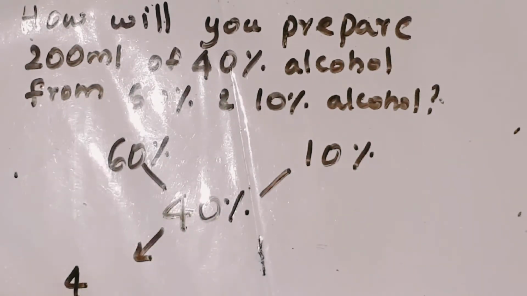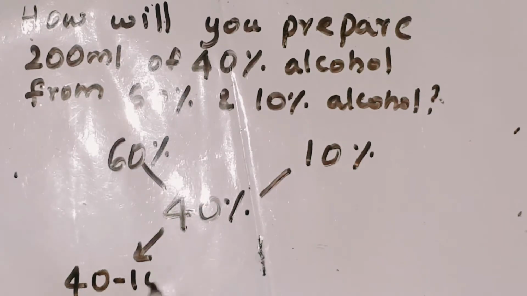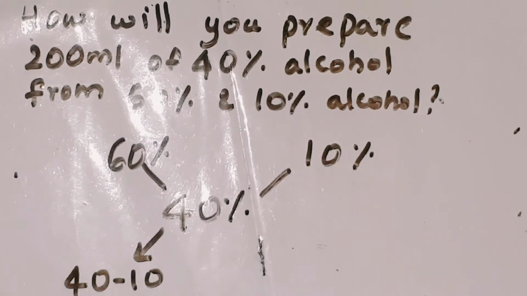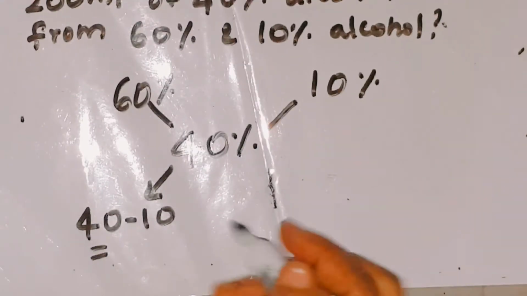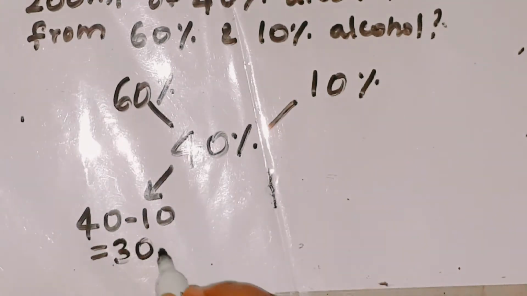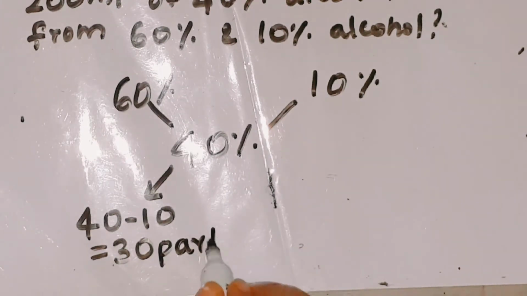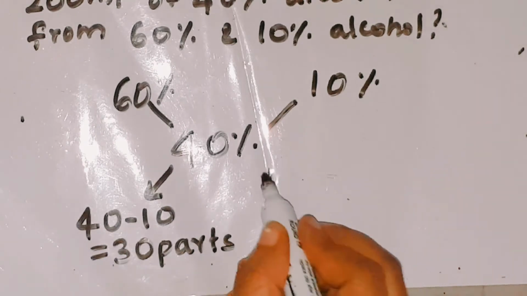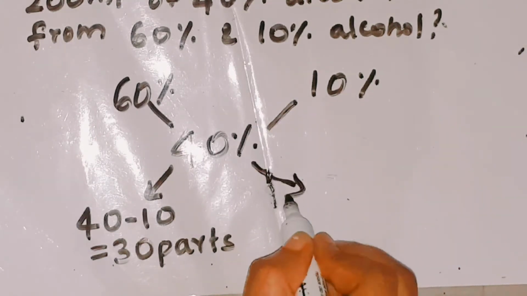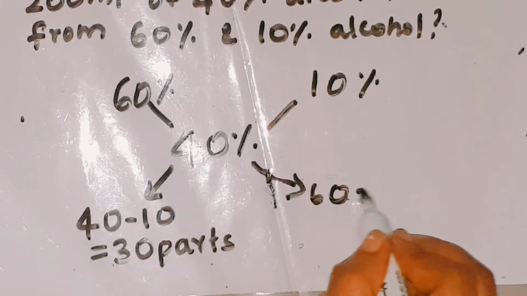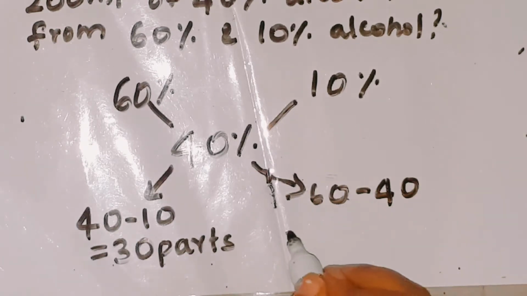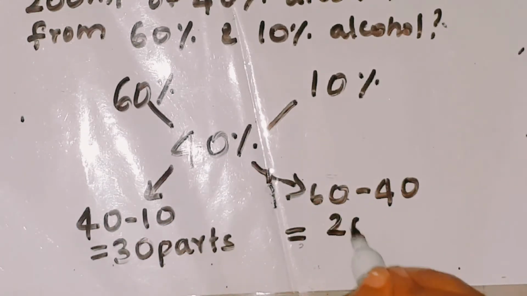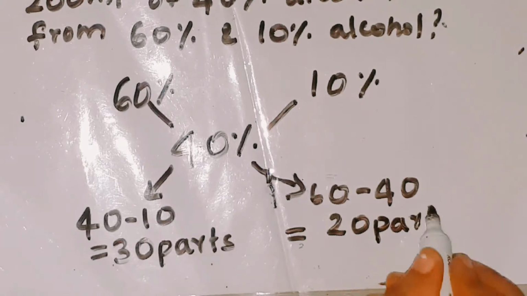Now, on the left lower side, 40 minus 10, which is the required strength minus the lower strength, would be equal to 30 parts. And on the right lower side, it is higher strength minus required strength. That is 60 minus 40, which is equal to 20 parts.